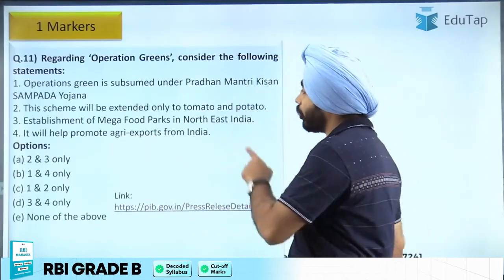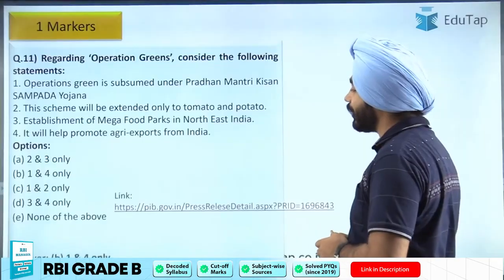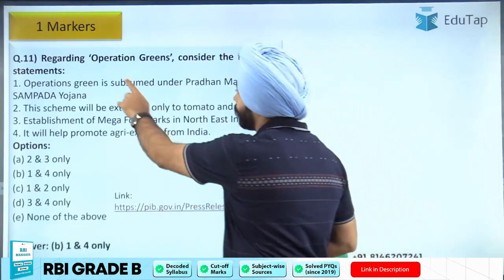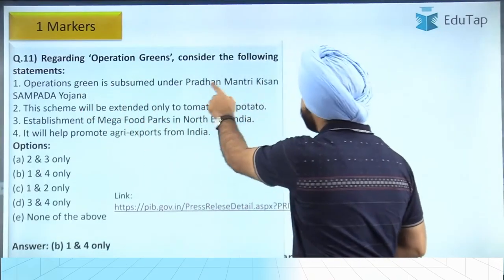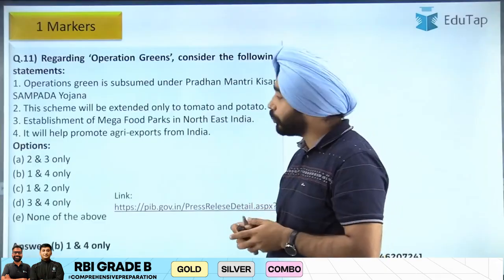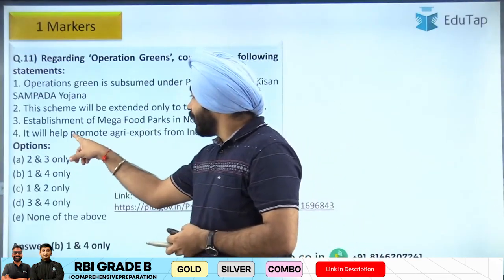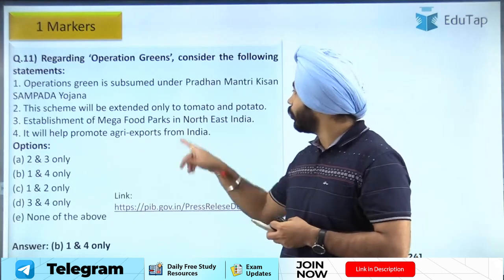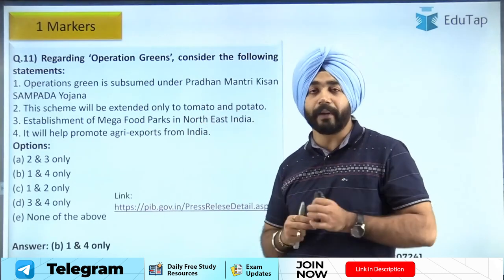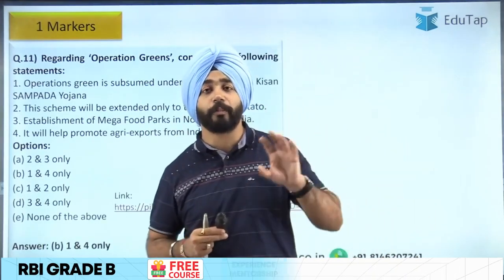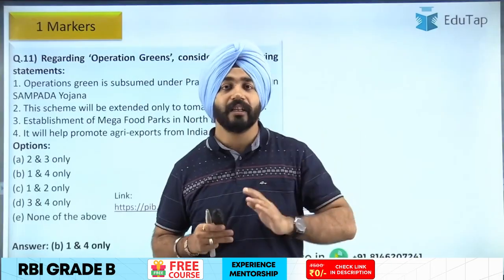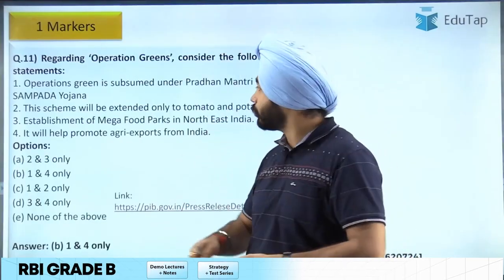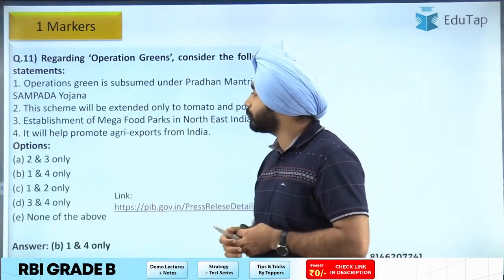Okay, so if I talk about this specific question, guys, the answer is option number 1 and 4, because Operation Green is now subsumed under the Pradhan Mantri Kisan Sampada Yojana, and yes, it will be helping in promoting agri exports from India. देखो, only tomato की तो बात ही नहीं हुई. Operation Green was started with the objective of promoting TOP, that is tomato, onion and potato. So the second statement becomes incorrect.